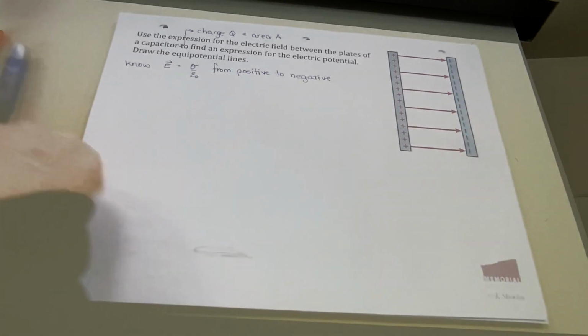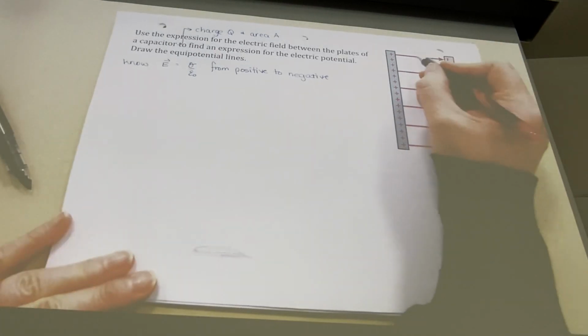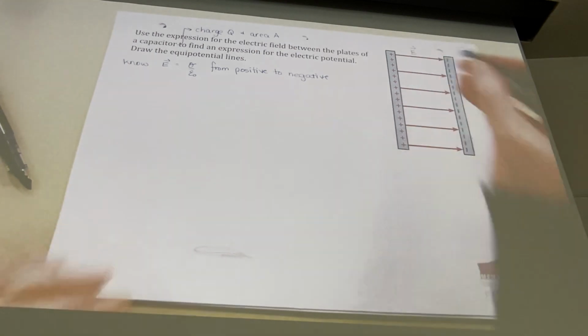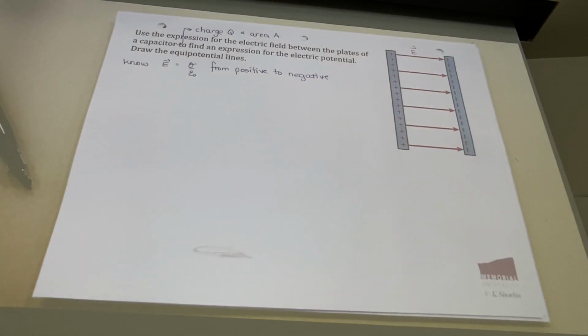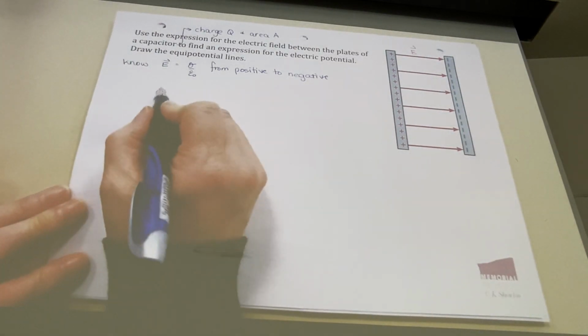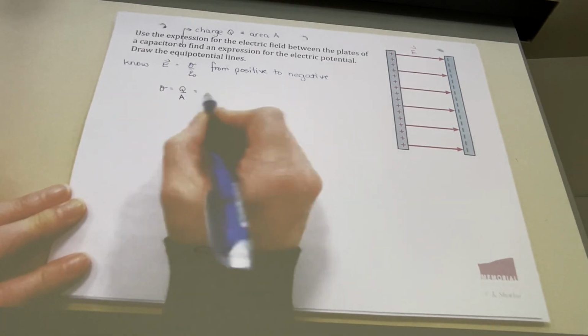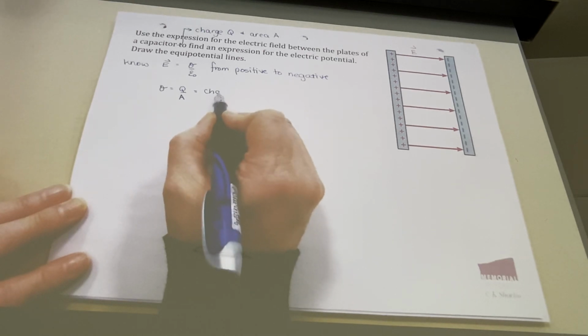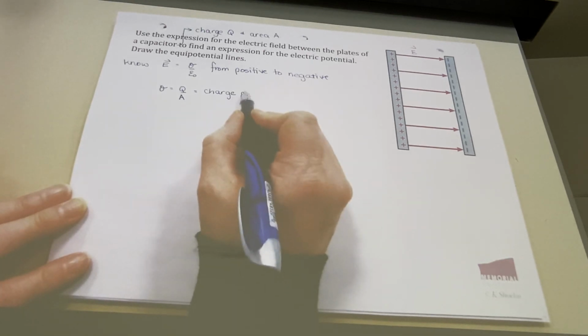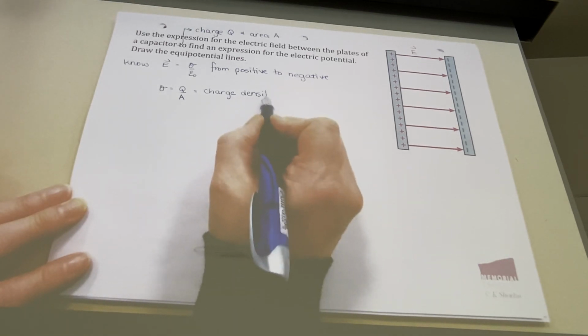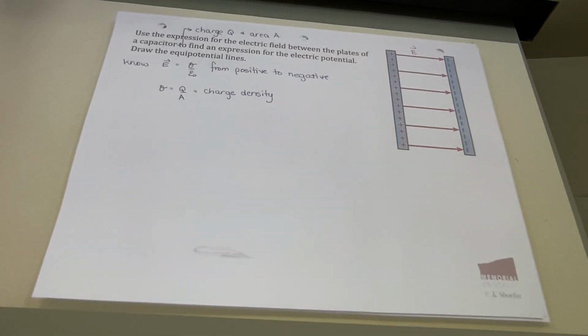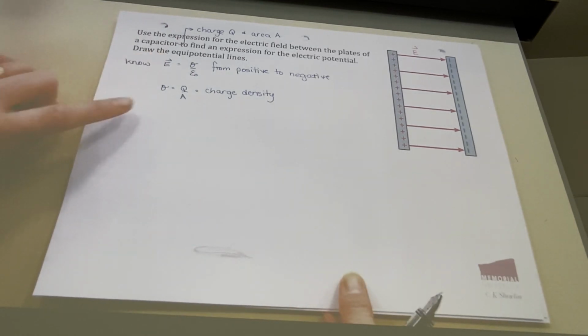So that's our red arrows in the picture. Those are our electric field lines. Our sigma, since we wrote that down, we should define it. Sigma is charge divided by area, the surface area charge density, because sometimes the density is more important or easier to think about than the net charge itself. Okay, so there's our field with our definitions made.